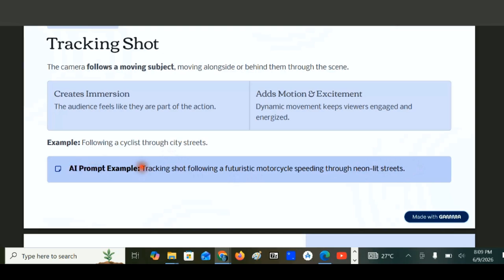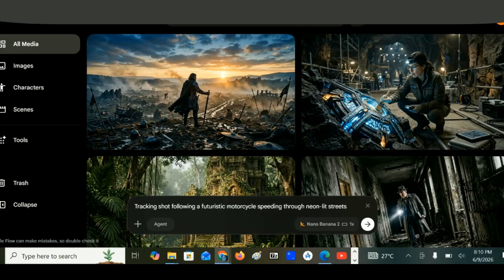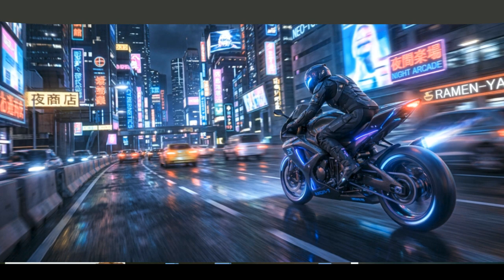There are so many of them, but these are just the major ones. I'll try to add the examples so that you can see how they look. It's good you make use of them because it will make your video feel more realistic. So let's prompt the tracking shot.